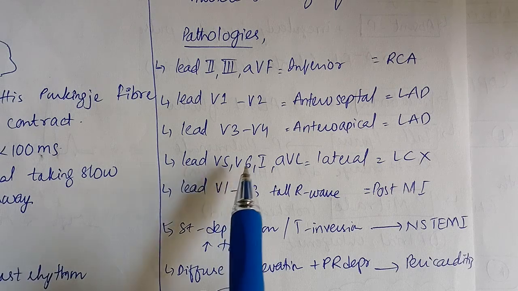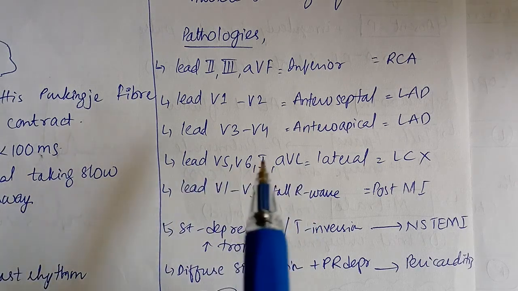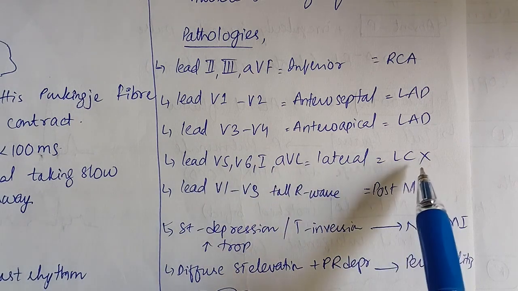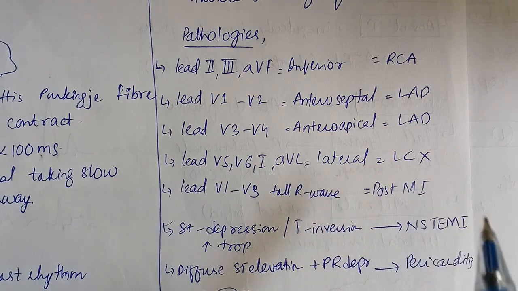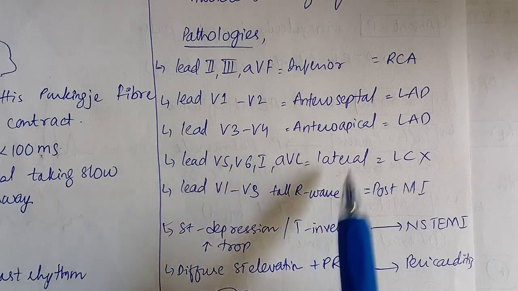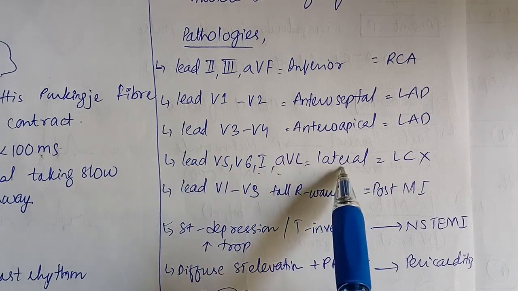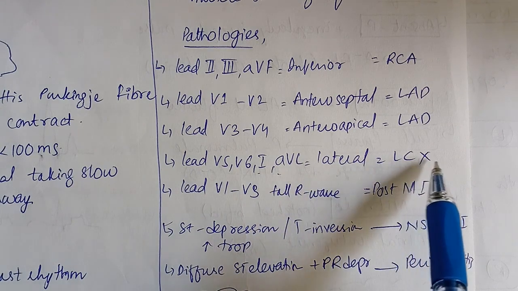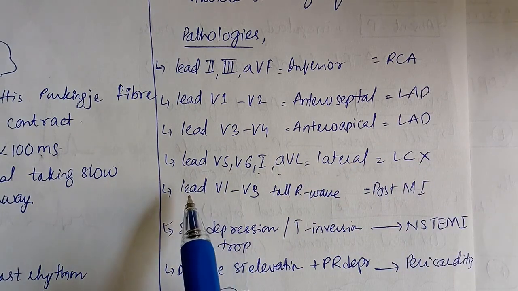Leads V5, V6, 1, and aVL are from the lateral side of the heart, and it is supplied by the LCX. So if you see ST elevation or depression in these leads, it means lateral MI, and the affected artery is the left circumflex.